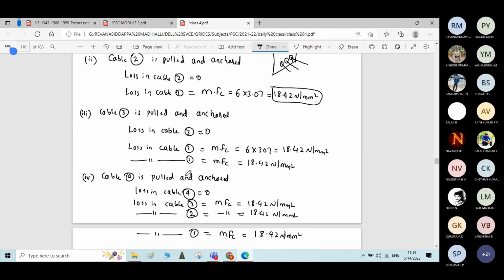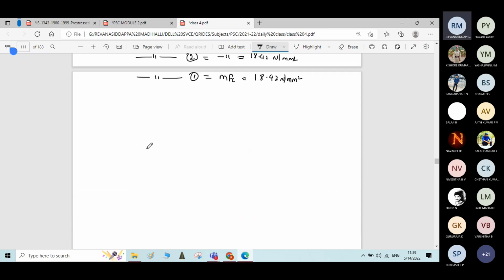Okay, the meaning is there will be loss in the previous cables after each successive cable is pulled and anchored. That is the meaning.